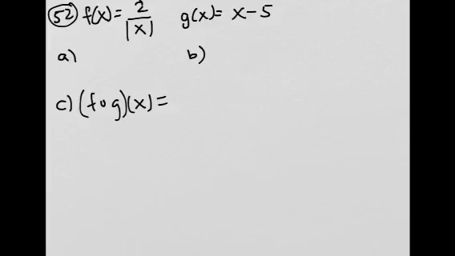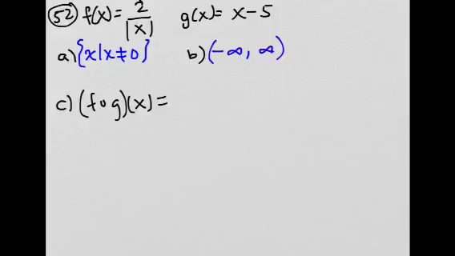For number 52, f of x is 2 over the absolute value of x. So again, we just want to make sure that the denominator is not 0, so all x such that x cannot be 0. For g of x, no restrictions, so it's all reals because it's a linear function.